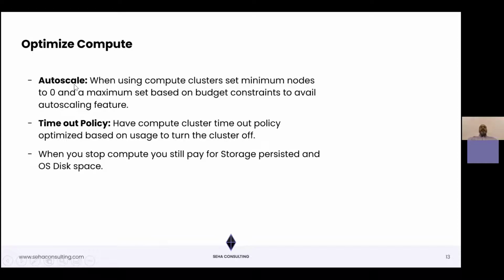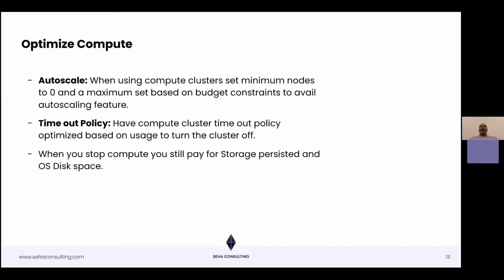The second set of options is around auto scaling and timeout policy. When you set up compute clusters, you can set up your minimum and maximum nodes, right? So when you're setting up a cluster, if it's a large training job, you can scale up your compute clusters to run on multiple nodes as your jobs require.